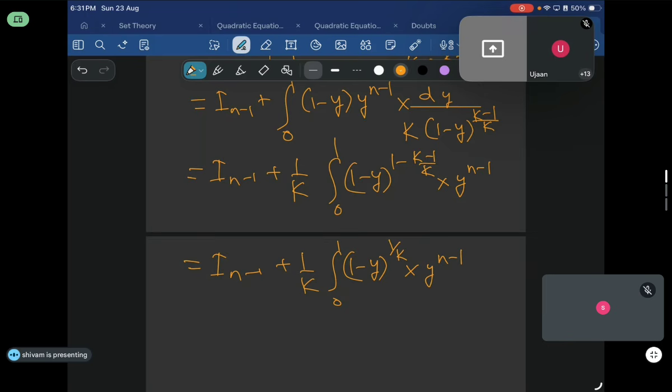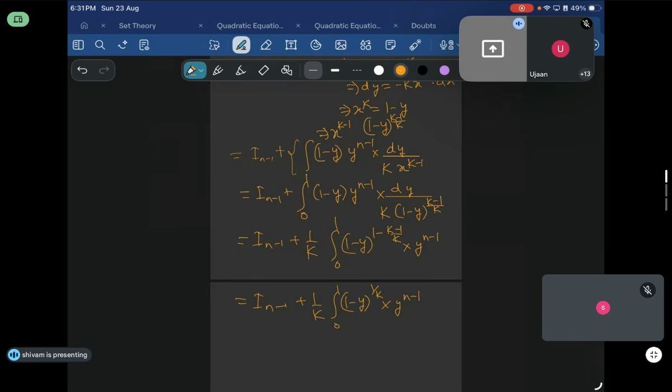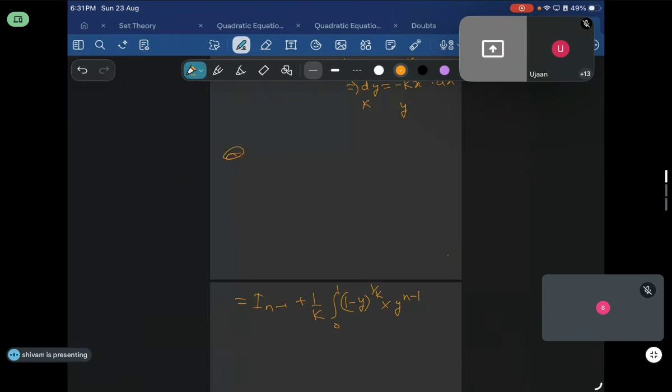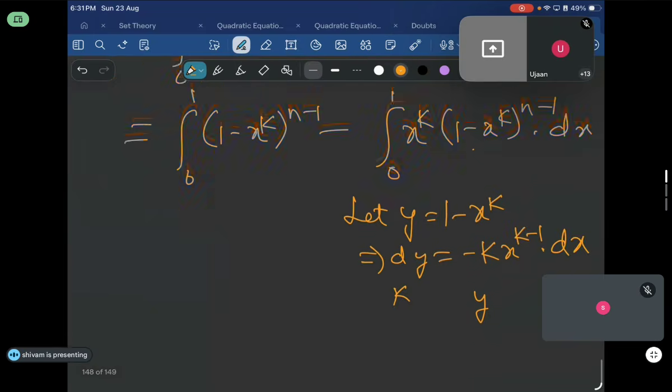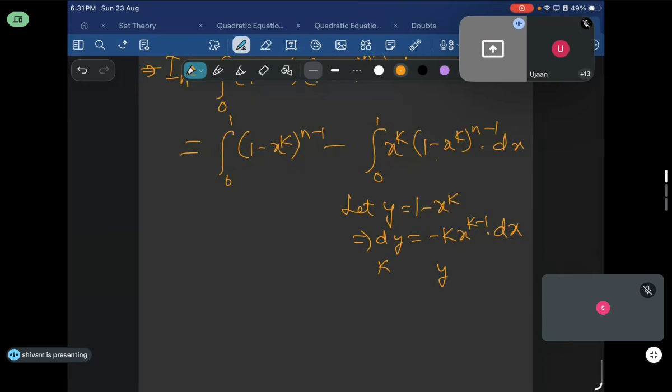So can we use binomial on the first one? I'm not going to use binomial. Okay. So substitution also is not working currently. Wait, thinking about substitution only. I think with substitution we'll get the answer. I have to just think a little bit.